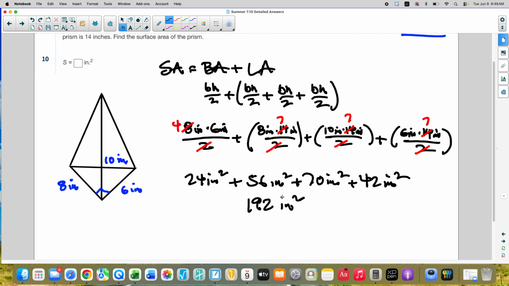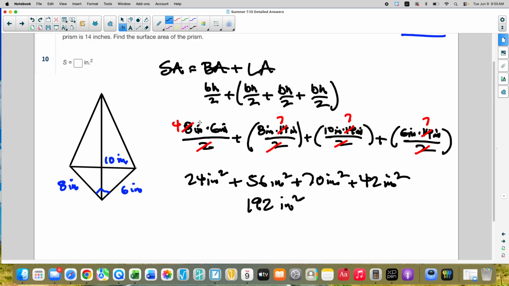So am I doing something wrong here? I have base times height. These are triangles. Find the surface area of the prism. I have my base area plus my 3 lateral areas. That's correct. I'm not multiplying anything. I'm just adding each of those surface areas, the bottom, left, right, and back.